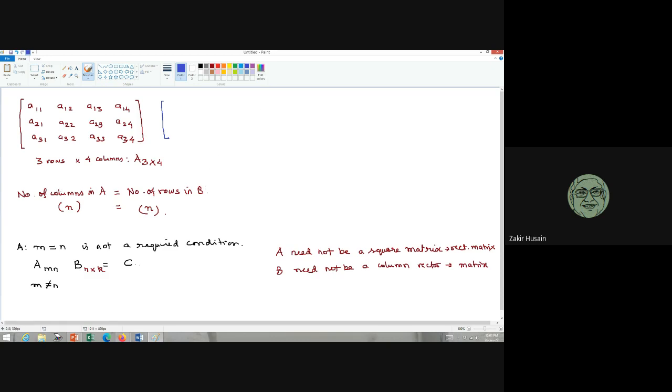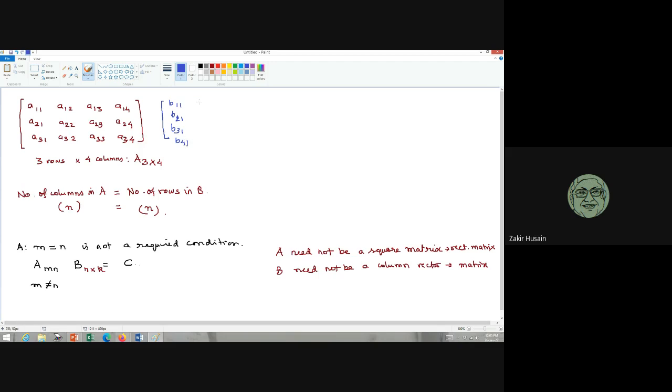So that means the number of rows in B must equal the number of columns in A. So let me write. And this is the first column, so I'm putting it 4 1 1.